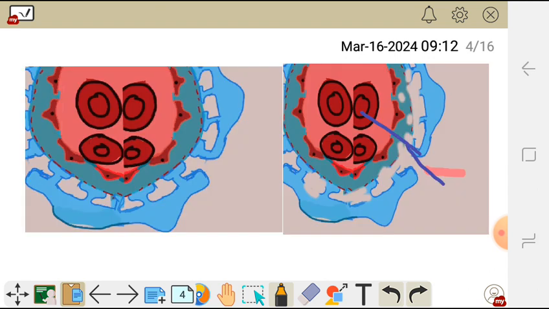In minimal change disease, we said we have a normal glomerulus here. So for anything to be filtered from the blood capillary into the Bowman's space, it has to pass through three layers.